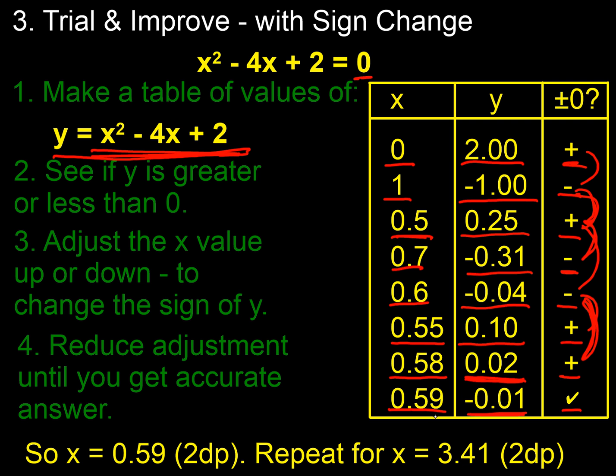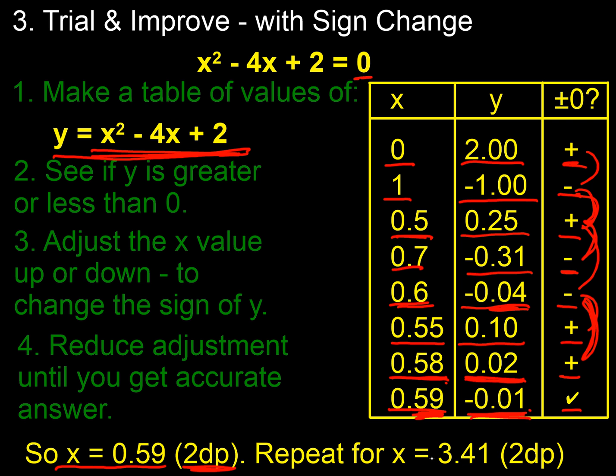And if we were only interested in finding our answer to 2 decimal places here, well, that's the closest, isn't it? That's the closest to our answer at 0.01, 0.58 at 0.02, and 0.6 is at 0.04 here. So we now know that if the accuracy we're looking for is 2 decimal places, our answer is x equals 0.59.